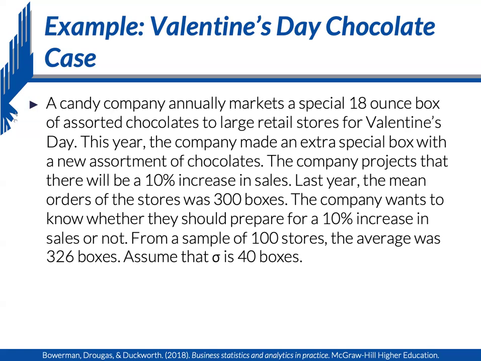We just want to know if it should be exactly 330 or not 330. And therefore, the null hypothesis should state that mu, the population mean, is equal to 330, and the alternative hypothesis is that the mean is not equal to 330.